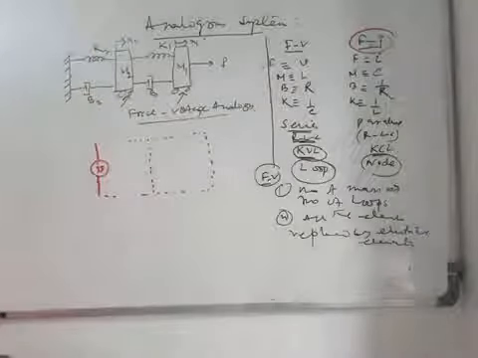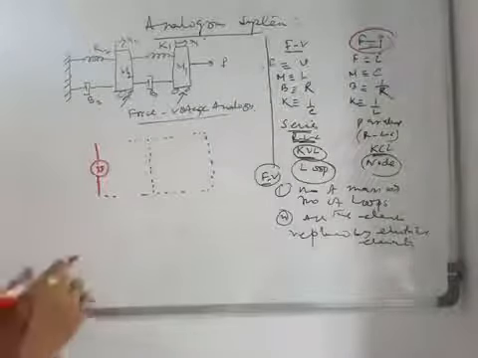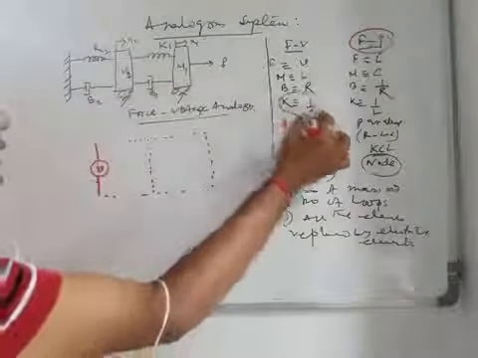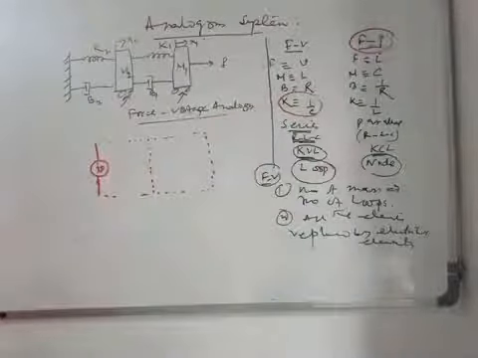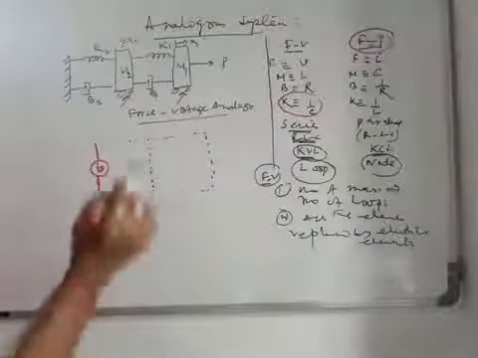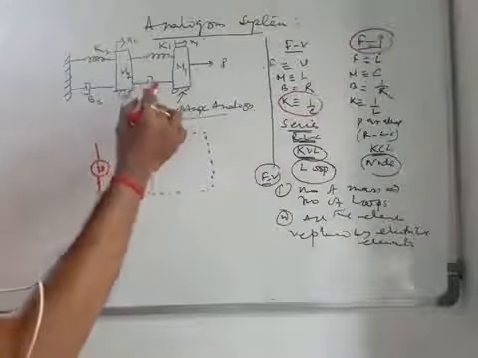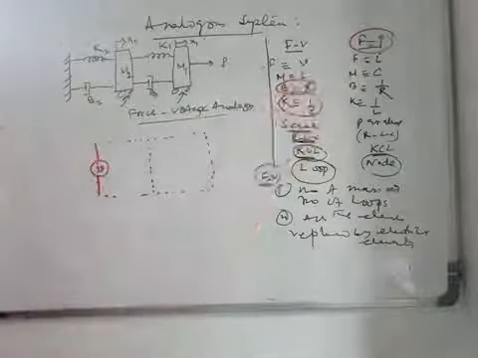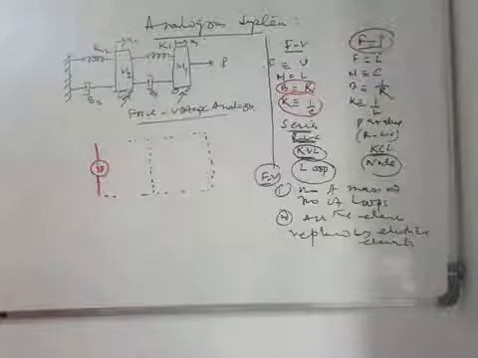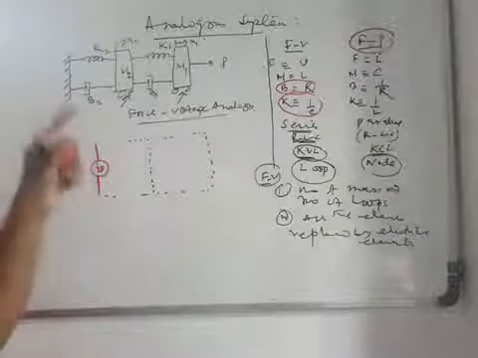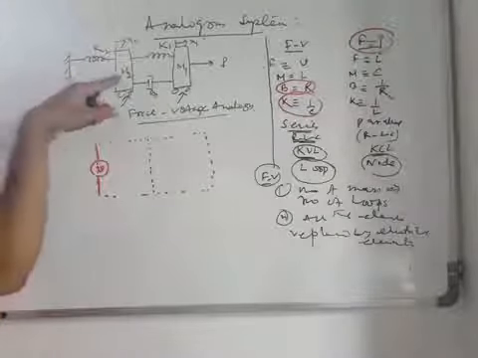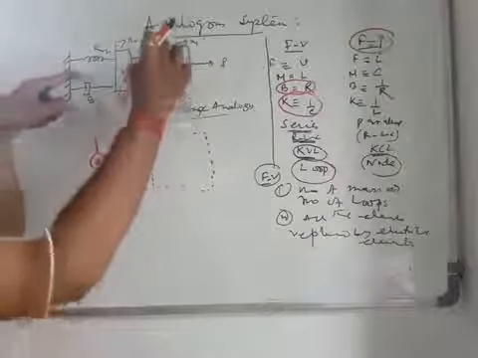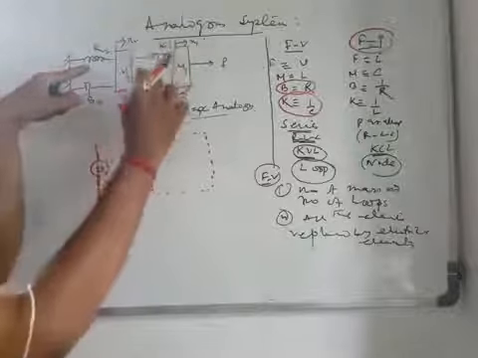And now see, this is K1. K1 means 1 by C1, and this is connected with another B. B means one resistance path is also there, right? And see, this can be your M2. M2 is connected to K1 and K2 and B1 and B2.